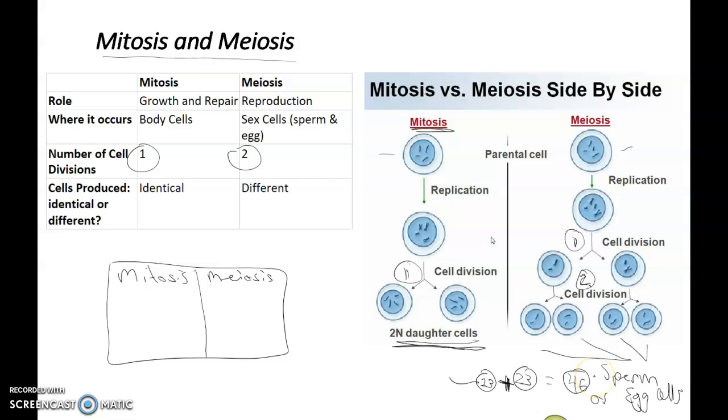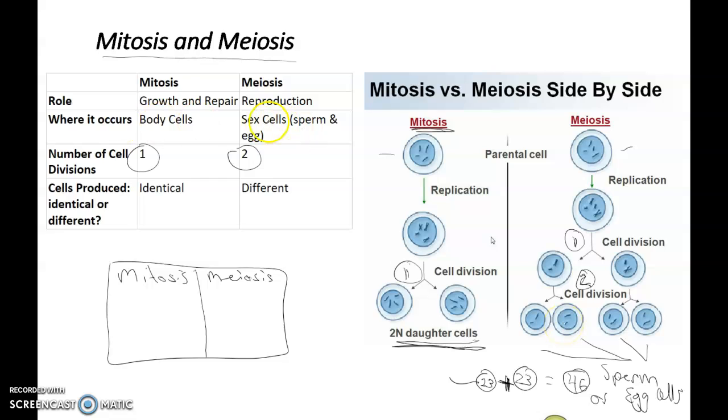And that little cell will eventually end up planting on the uterus, and then that will grow and divide to eventually create a baby. So I'll go into that detail a little bit later, but essentially meiosis, the purpose of it is to divide the cells so that they end up with half the amount of DNA, and those cells that result are sperm or egg cells.